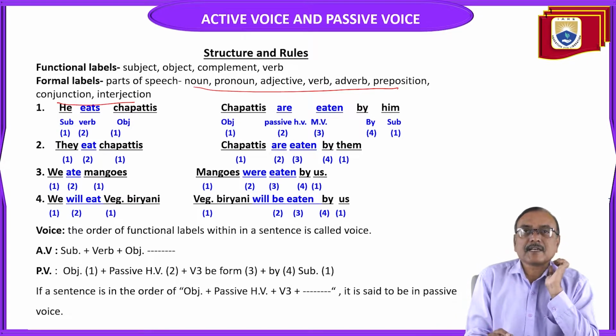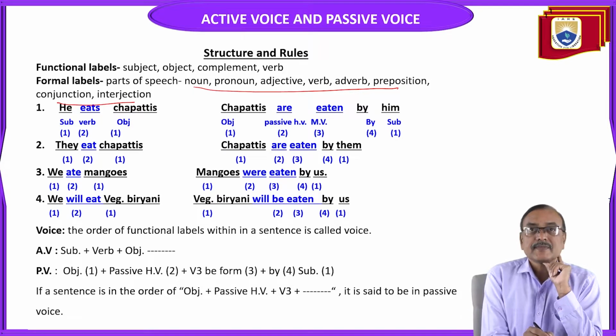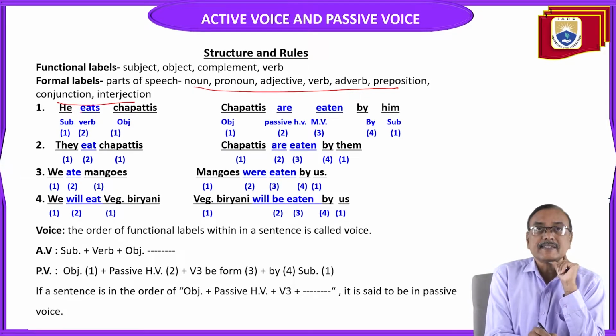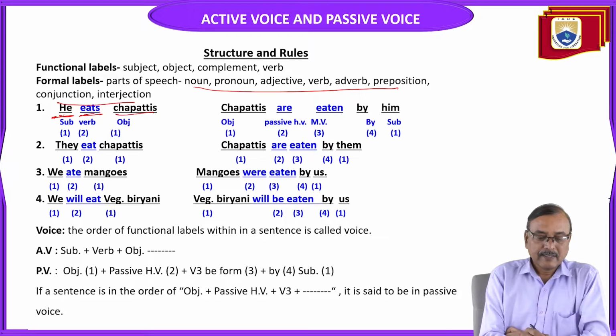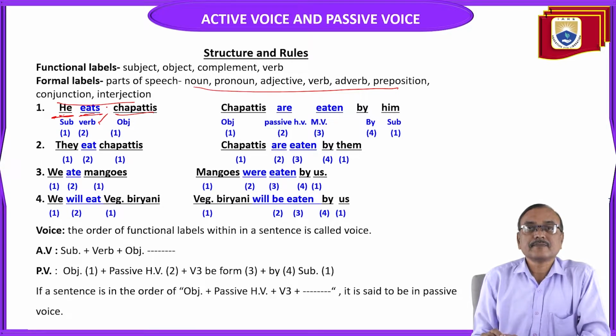He eats chapatis. When we say he eats, what is the function of he, of eats, of chapatis? What is the action here? Eats. This action word is called the verb.